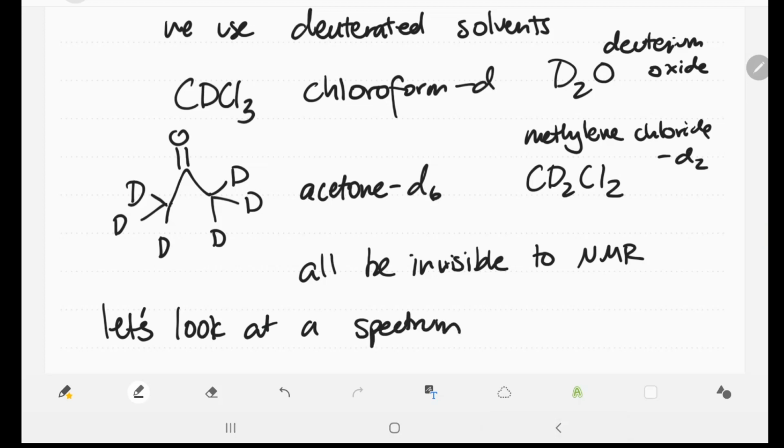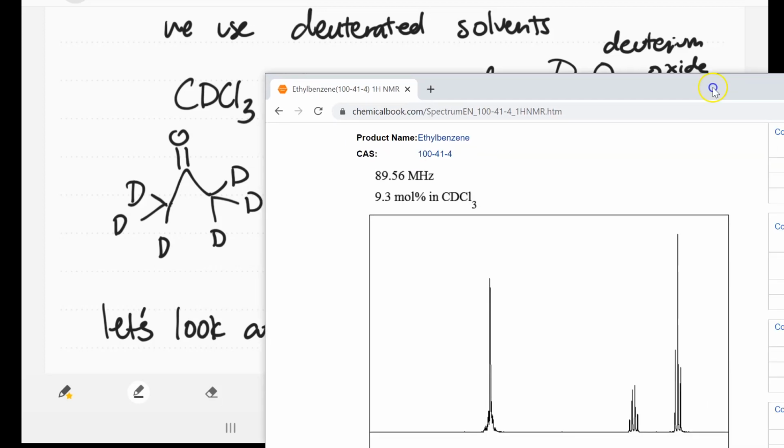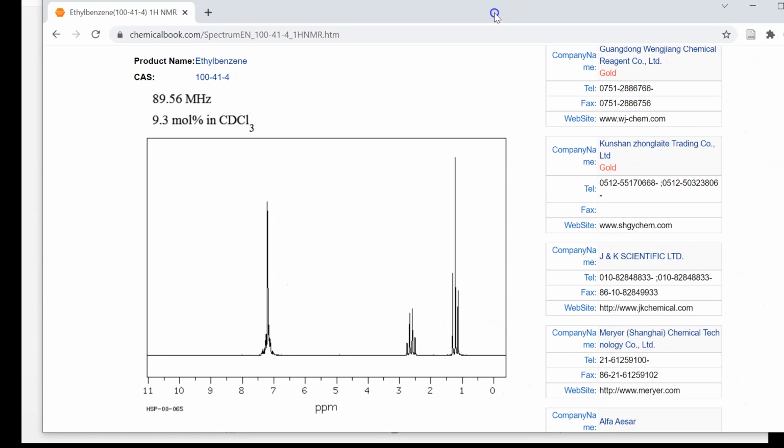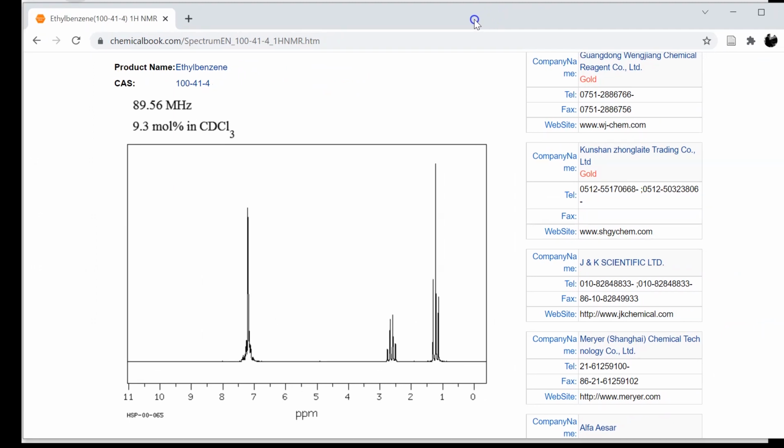Here is an example of an NMR spectrum. This one is ethylbenzene. They apparently used a 90 megahertz magnet on it, and they gave some solution information. So notice their solvent is deuterated chloroform. So no protons there. So all we see is information about ethylbenzene.